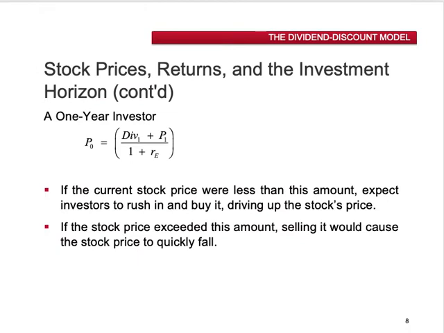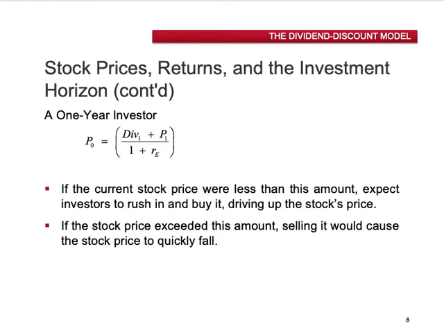So the law of one price is telling us that the price of a stock at T0 is equal to the future dividend payment plus the future expected price divided by the cost of equity.